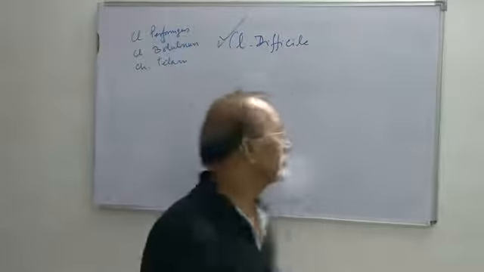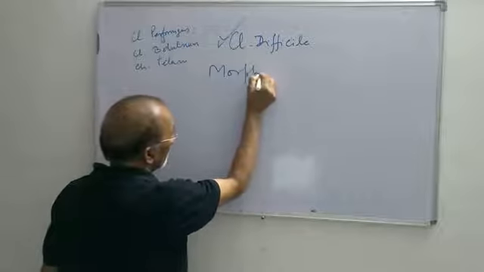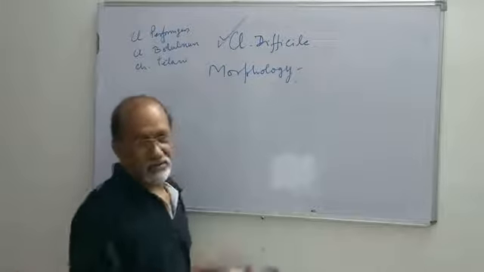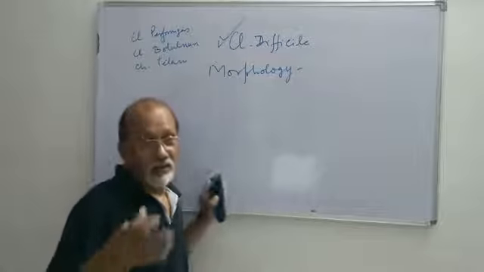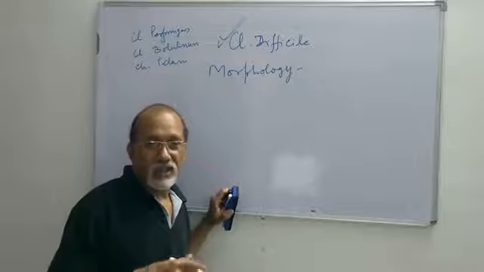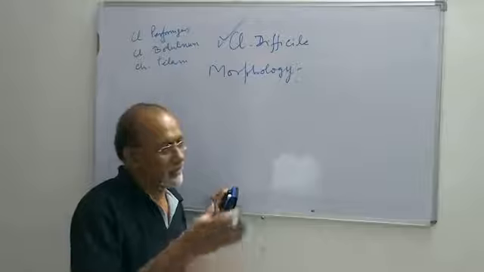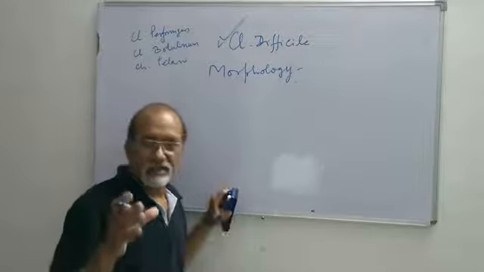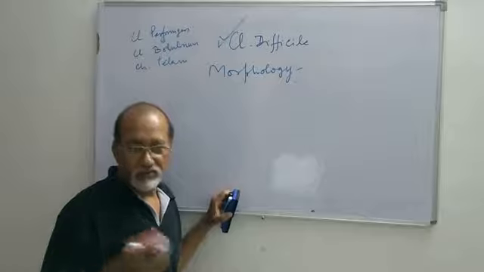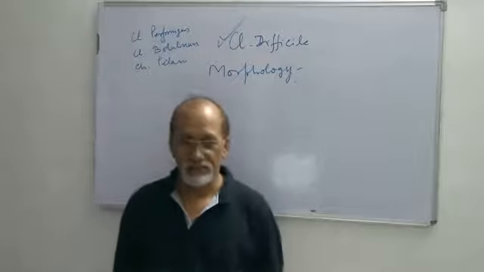Now we are going to discuss the morphology of this Clostridium difficile. It is a long, slender, motile, gram-positive rod, and as with all the Clostridium species we see rod shape, this is also a rod with oval and terminal spores.